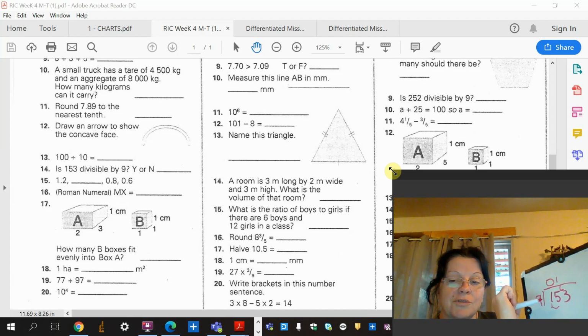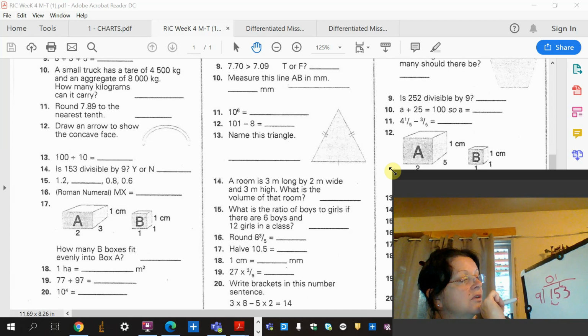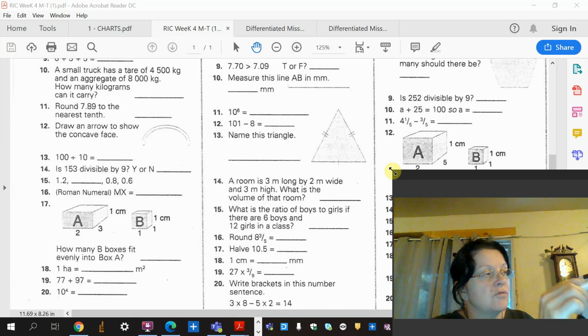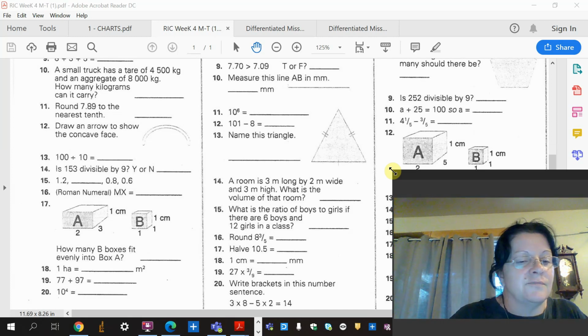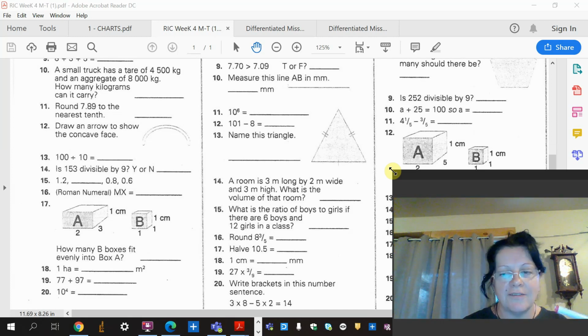Have a look at your little multiplication chart. I'm not going to do it all, and it actually goes in evenly. So yes, it does, and you can write that last number up after you check it. That's me trying to get you to have a look at your multiplication chart.